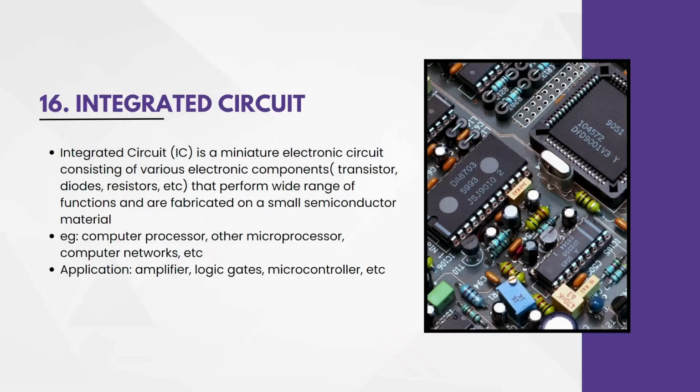Last, we have an integrated circuit. So all the simple components which we learned before, be it the diodes, resistor, inductor, capacitors, others, that is put on a single board and it is made into a circuit that will perform different functions according to our needs.